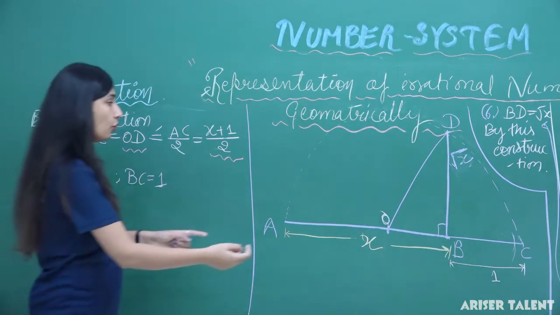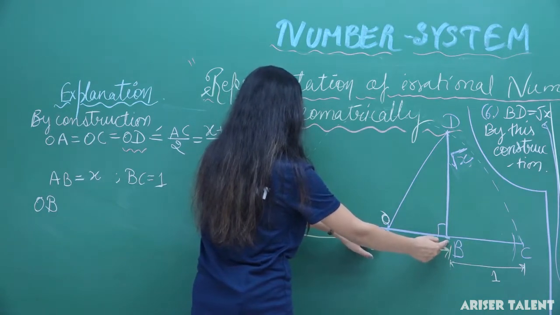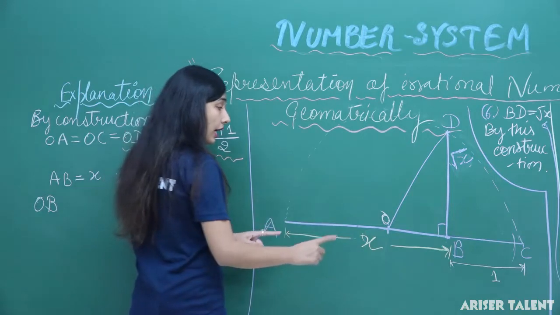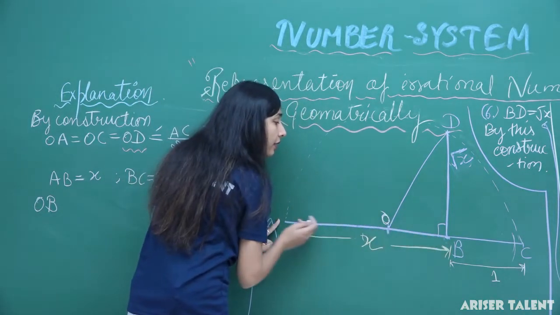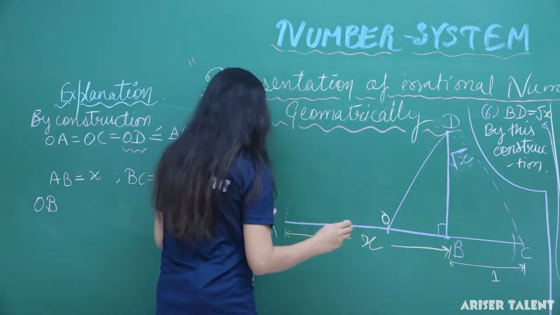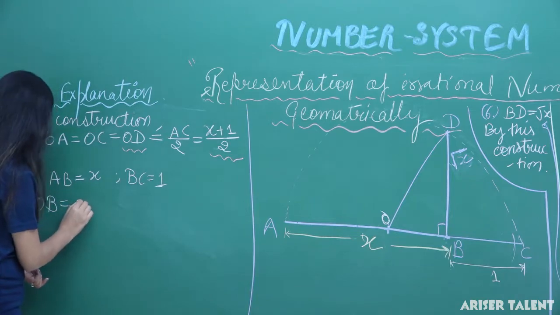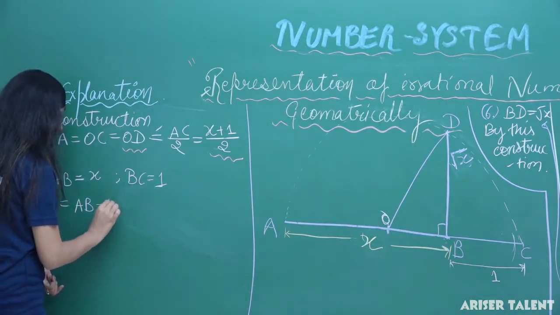Now, the value of OB will be AB minus AO. Listen again, the value of OB will be this complete length minus this length. So, the value of OB is equal to this complete x, that is AB, minus AO.